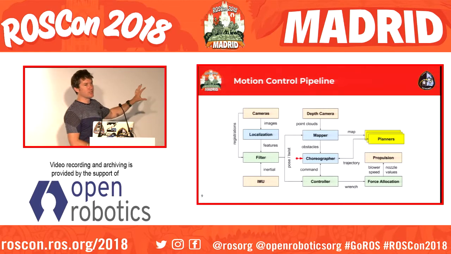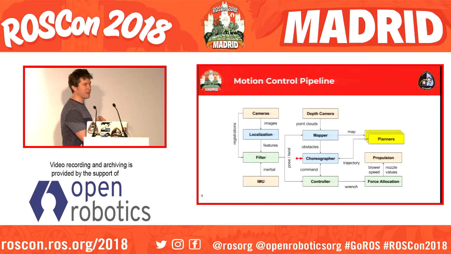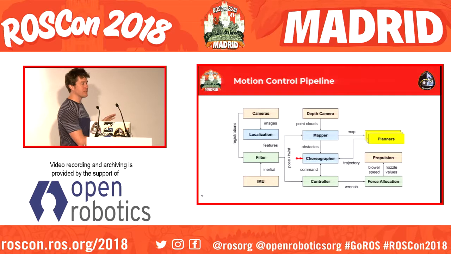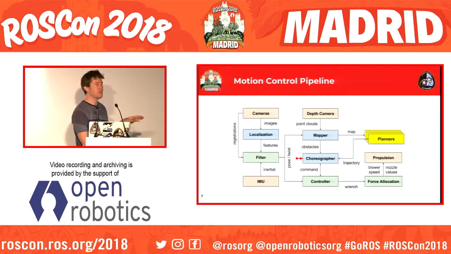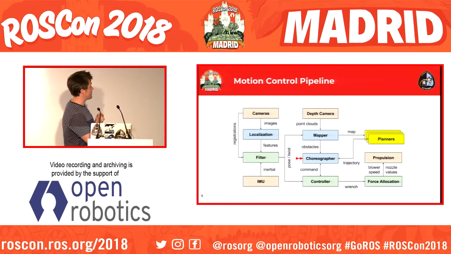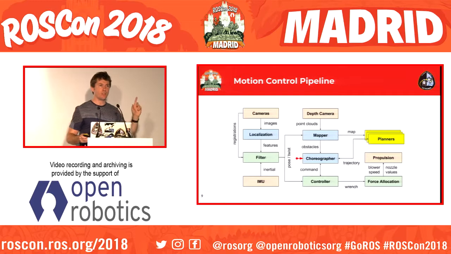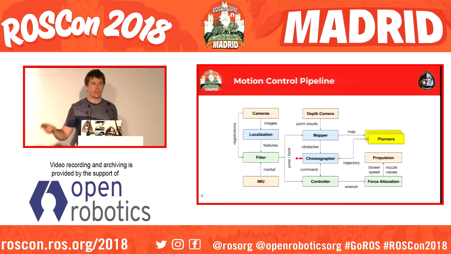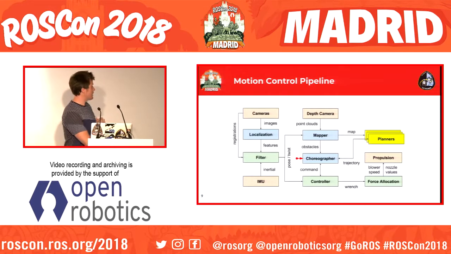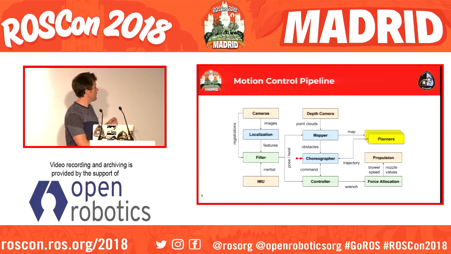Now, localization I'm going to deal with in an entirely different slide because we've got several different pipelines, but I can reduce the complexity of the localization system to a set of registration pulses and features. And the reason we do this is there's a large latency between acquiring an image and getting the features out of that image. So our filter's a neat filter. It's an augmented state Kalman filter that takes into account this delay and essentially does statistics subject to this delay.